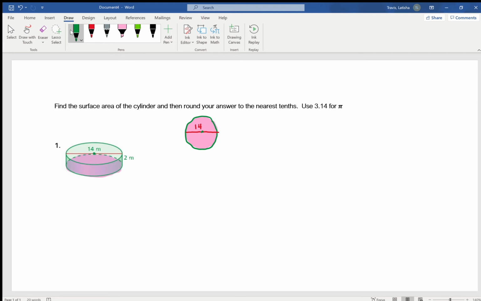So down here, doing my best to draw another circle that's identical to the one I drew. This is the bottom. So the bottom circle is congruent to the top circle, so it's going to also have a diameter of 14.